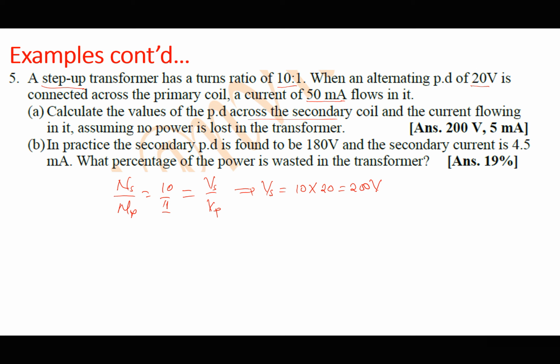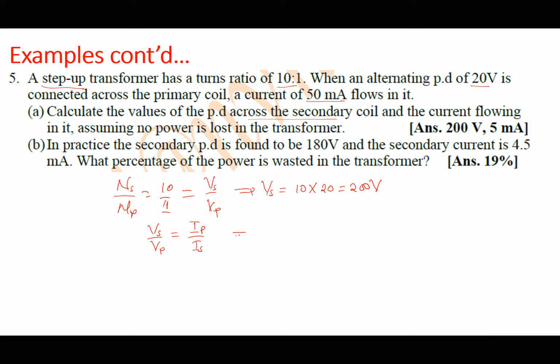Then, the current flowing in it. Assume no power is lost in the transformer, so the transformer is ideal. So we want to find the current. For the current, I can still use the number of turns, but I'll use voltage. So voltage in the secondary over voltage in the primary is equal to the reciprocal of the currents, I in the primary over I in the secondary.